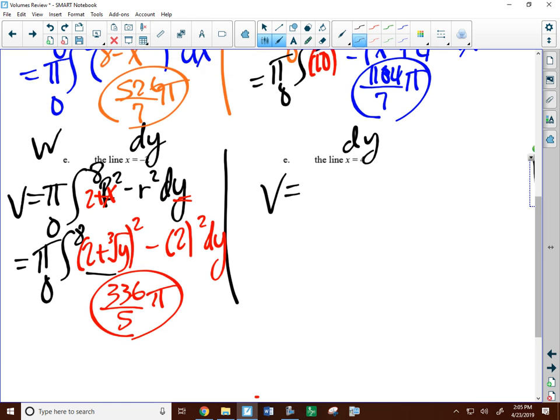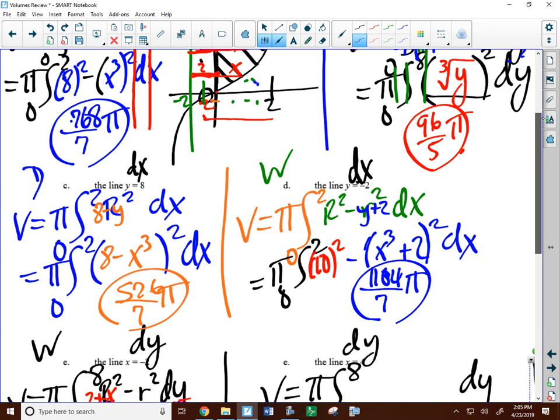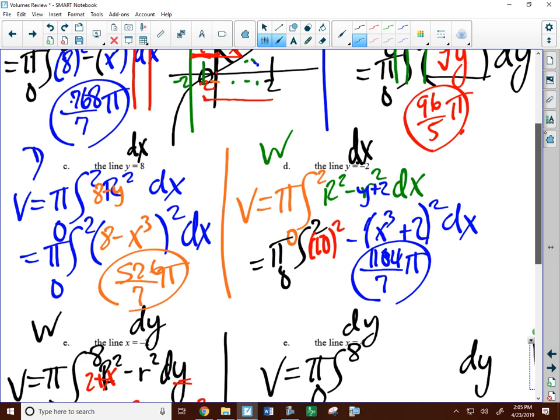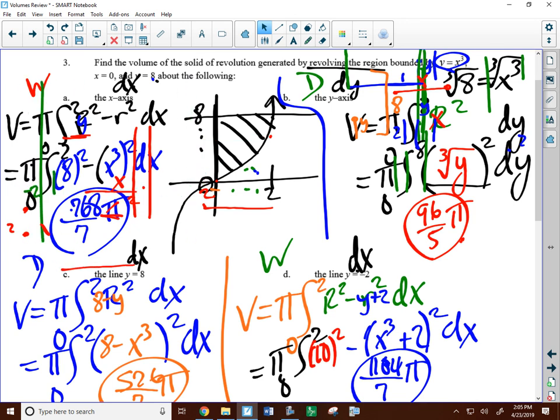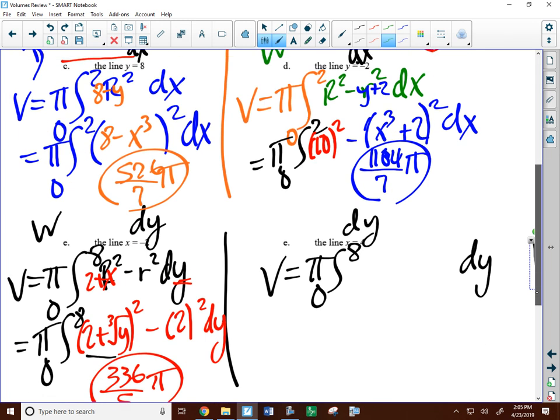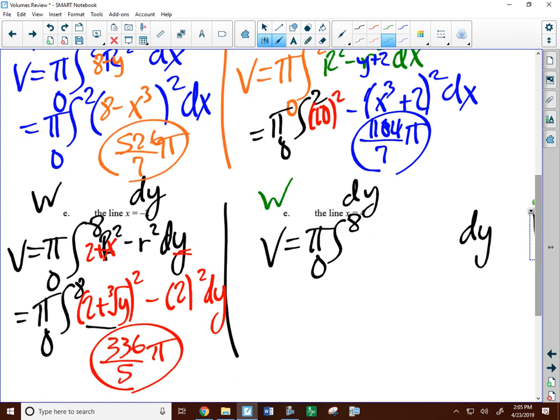Last one, dy question. So we've got the 0 to 8. Dy over here. What was it? It was x equals 4. X equals, there's 2, so here, let's say the green line is about 4. Certainly a washer, a lot of gap in there.